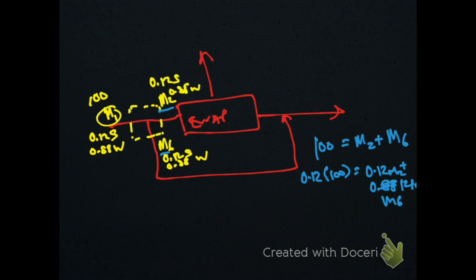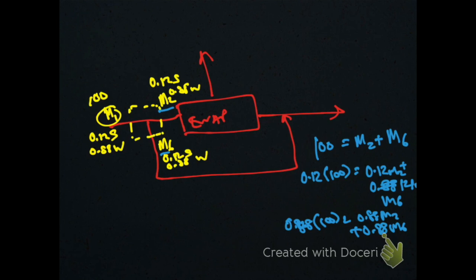And then for water as well, we write 0.88 times 100 equals to 0.88 M2 plus 0.88 M6. So how many independent equations do we actually have?